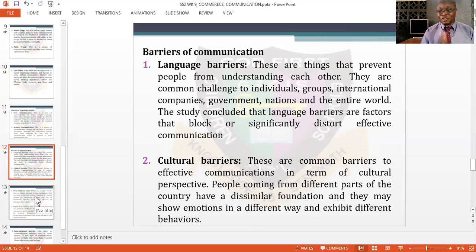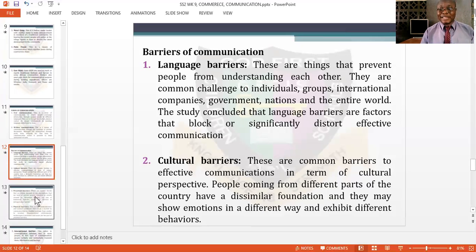The communication will not be effective, and the business transaction will not be effective simply because we cannot understand ourselves. Or if an Igbo man speaks Igbo to me in dealing, maybe in terms of trading activities, we will not be able to understand ourselves. So language barriers create a lot of problems in business activities.